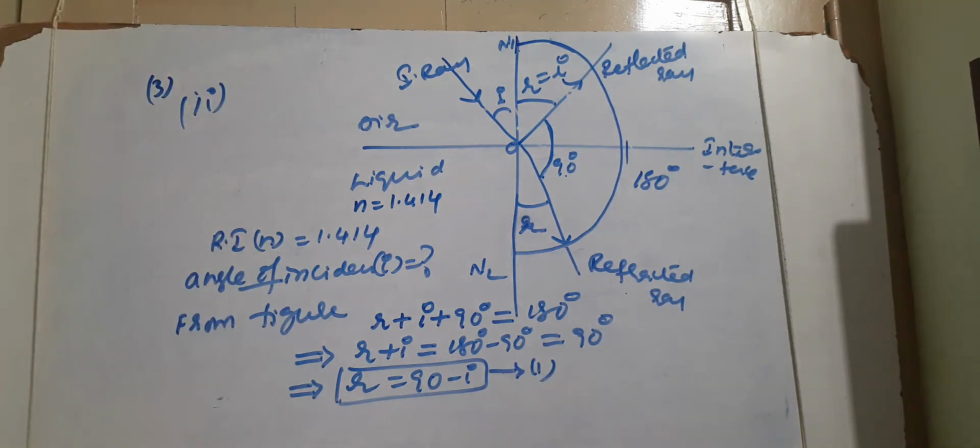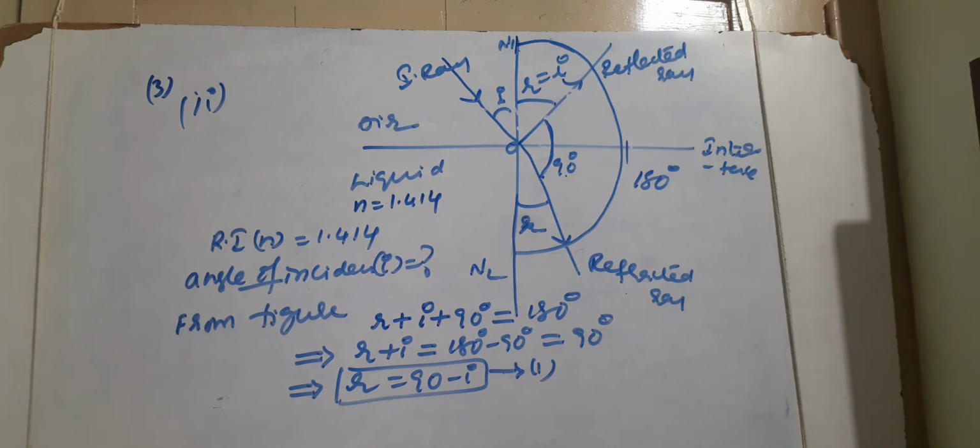Now we use Snell's formula. We want to find the angle of incidence that produces 90 degrees between the reflected ray and the refracted ray. Again we use Snell's law formula to find this, students.